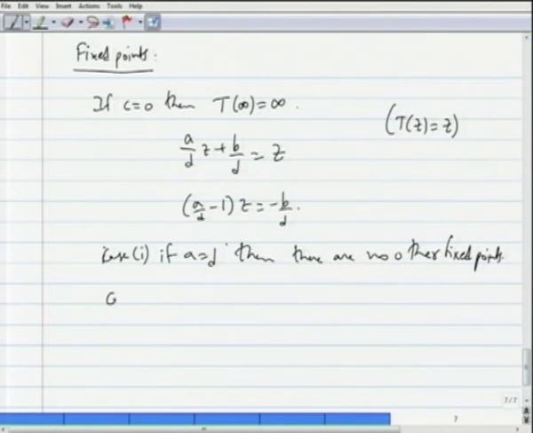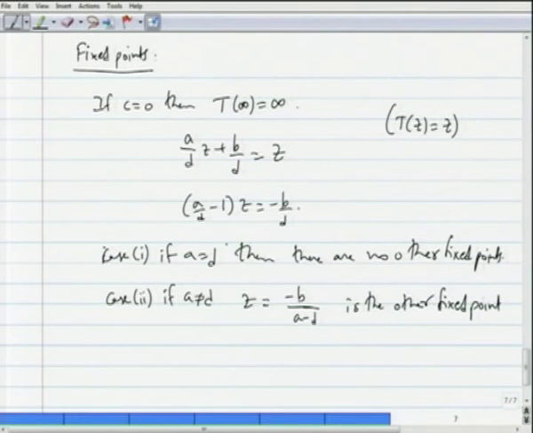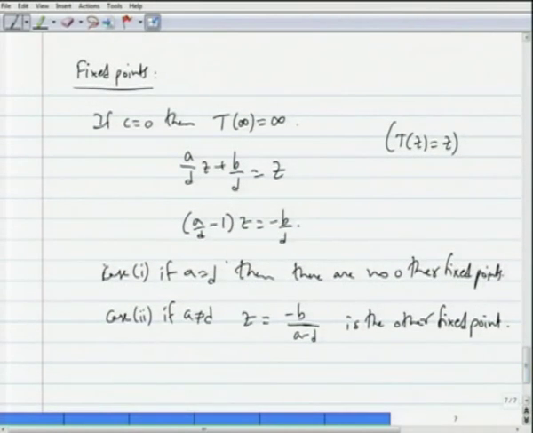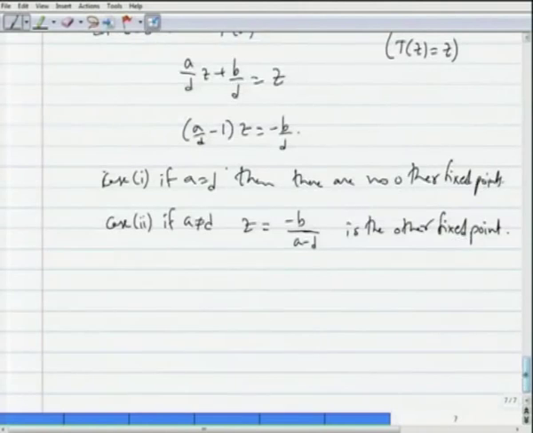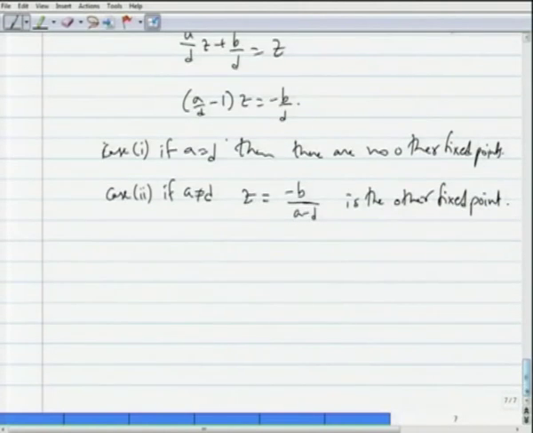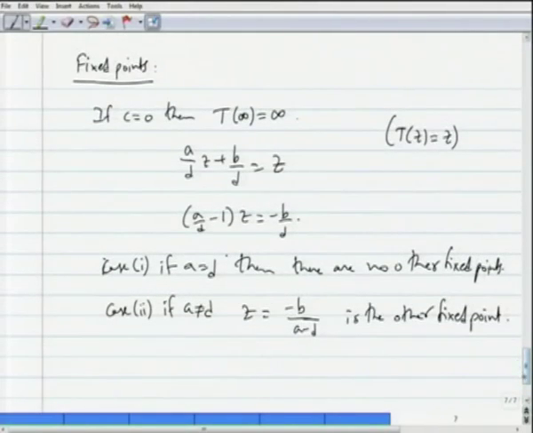Case 2, if a is not equal to d, then we can solve this equation to get z equals minus b by (a minus d). Since a is not equal to d, the denominator is not 0. This is the other fixed point. Only one other fixed point we get from solving T of z equal to z. So, there are at most two fixed points in the case c equals 0.